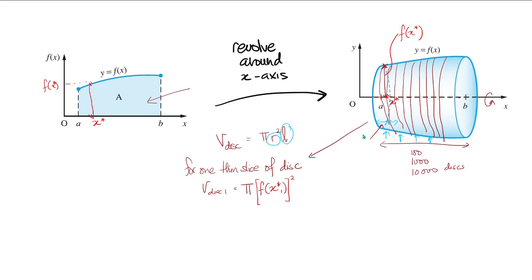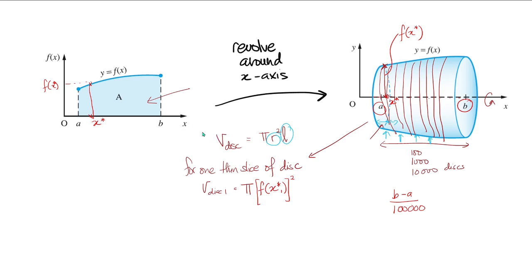So you might choose, let's say, from A to B here. If you want to equally slice the solid with 100 slices, the thickness will be B minus A, the length of this, divided by 100. If you have more disks, then this value will be thinner and thinner.